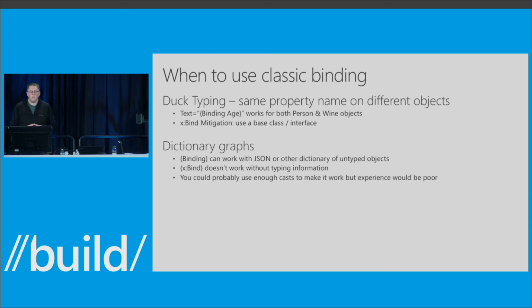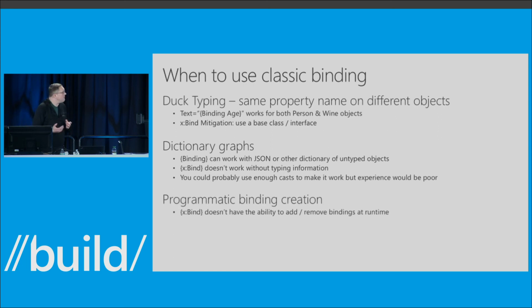Dictionary graphs. Similarly, if I got a blob of JSON and I download it into a Newtonsoft JSON object or whatever, we don't know from that, if I haven't serialized it into proper classes, what the types are. Classic binding works better if you want to dot into those types of objects. Finally, we don't support programmatic binding creation.